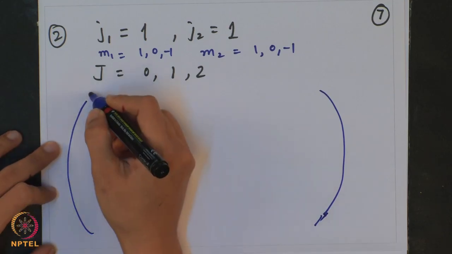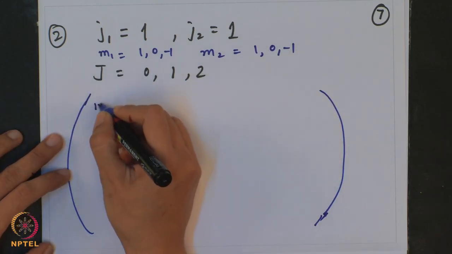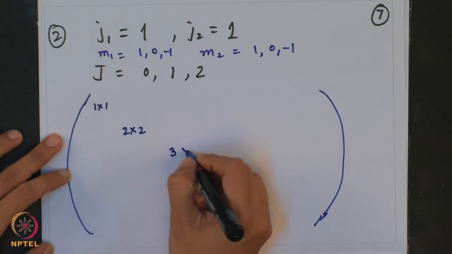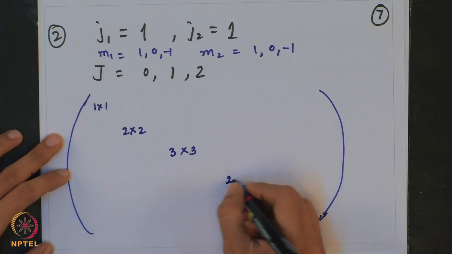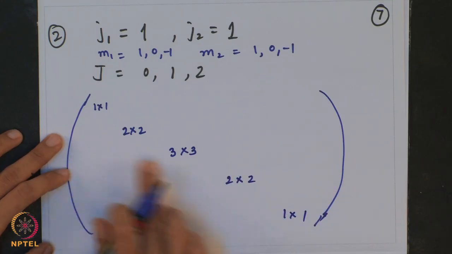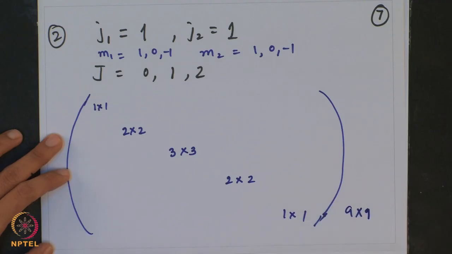Again you can guess from the previous question that the block diagonal form will be 1 cross 1, 2 cross 2, 3 cross 3, 2 cross 2 and 1 cross 1. So, 1 plus 2 plus 3 plus 2 plus 1. So, this will be a 9 cross 9 matrix.